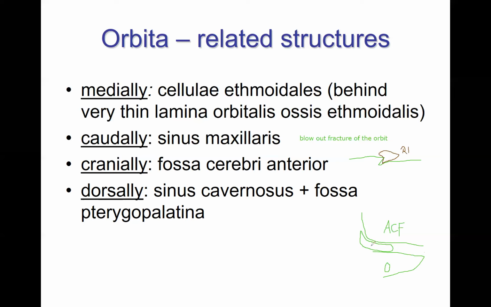As you know, the frontal sinus is very variable related to its dimensions and volume. And dorsally, the orbit communicates via the superior orbital fissure with the cavernous sinus, and via the inferior orbital fissure with the pterygopalatine fossa. So these are the important relationships.